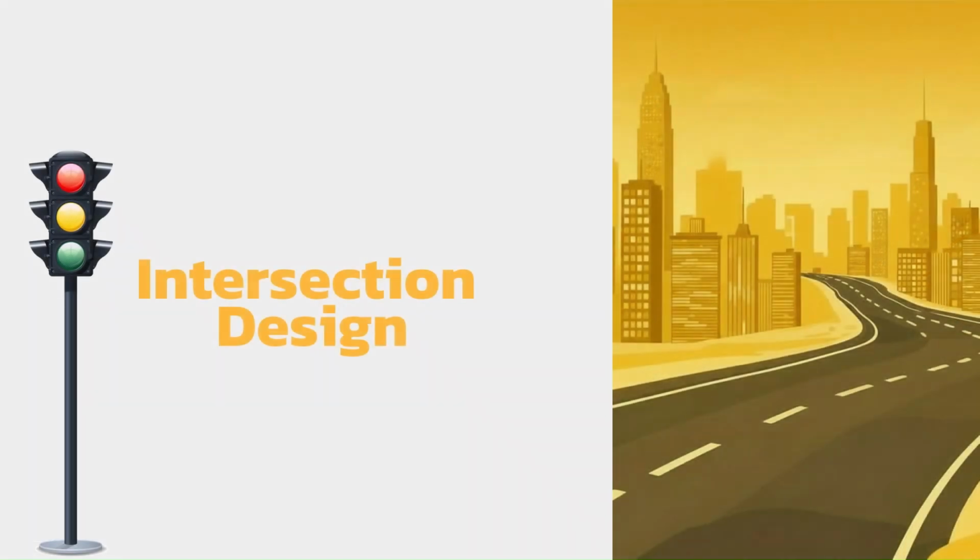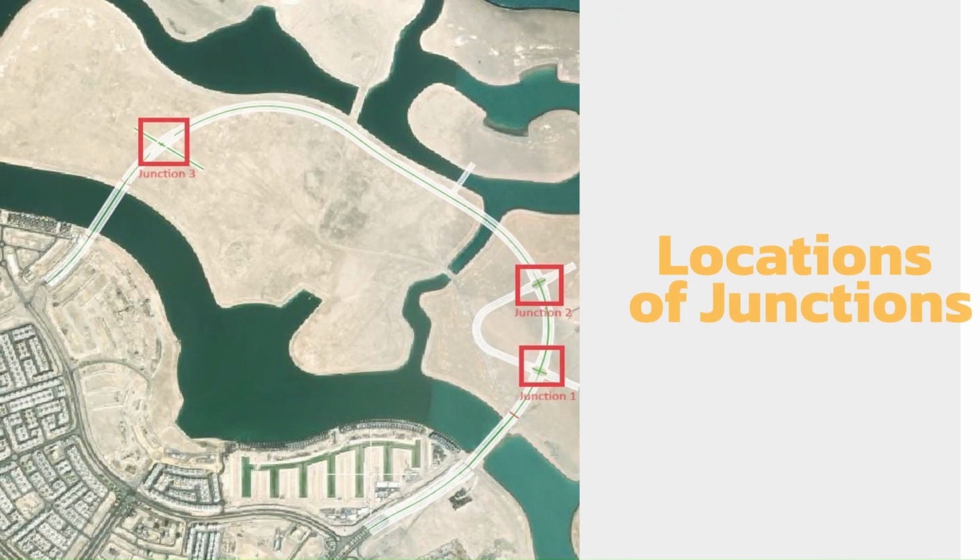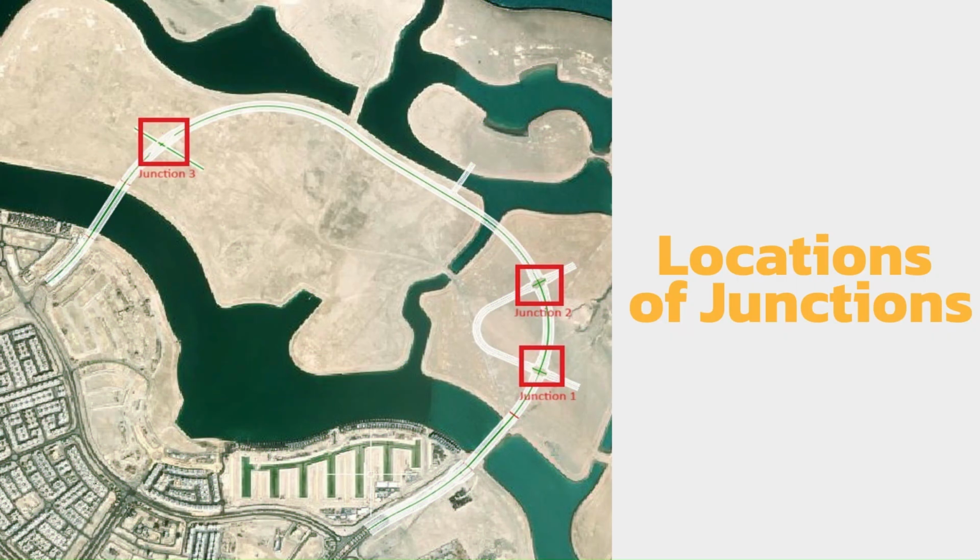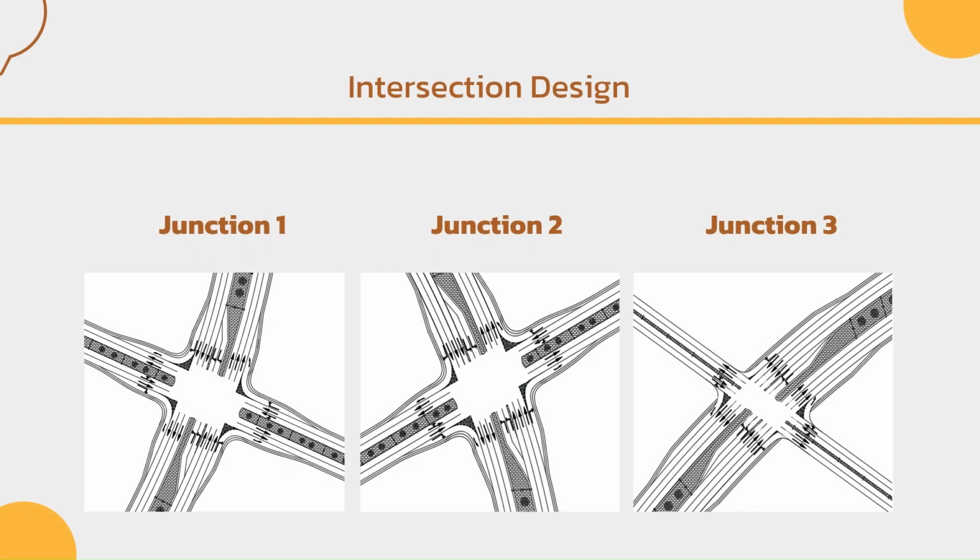For the intersection design, these are the locations of our junctions. A total of 3 junctions were designed and checked using CIDRA, which is the application used by the Ministry of Works for the traffic design. These are the junctions from Civil 3D.